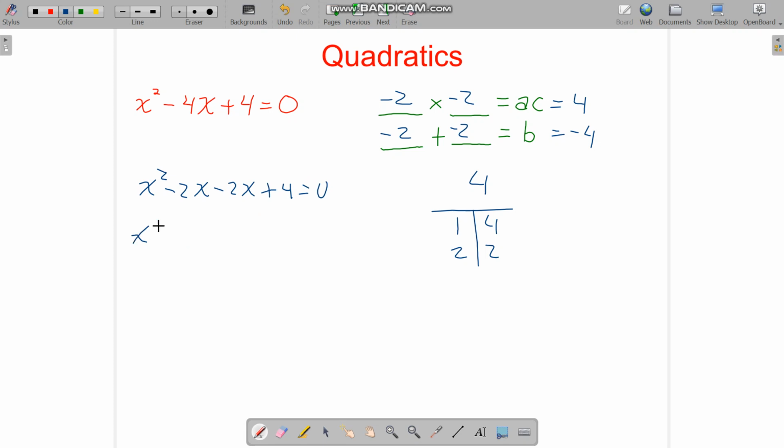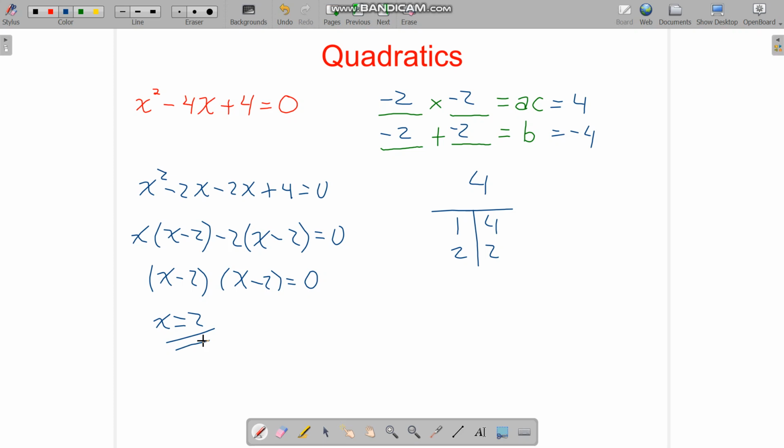Factor out x from the first two terms, x minus 2. Got to get x minus 2 as well, so it's minus 2. And factorize one last time, x minus 2 times x minus 2. It's actually a perfect square. And of course, we have only one solution, x equals 2 from any of the factors.